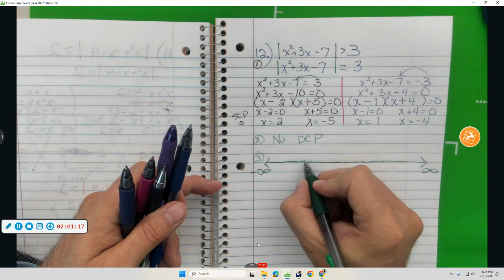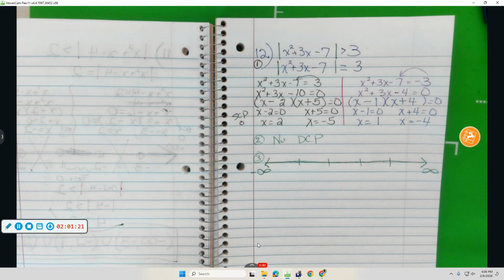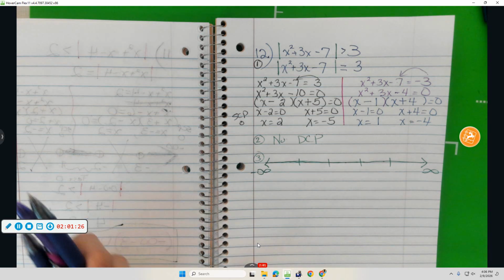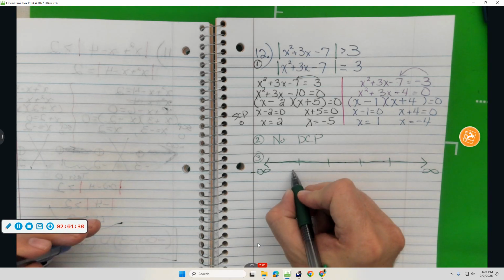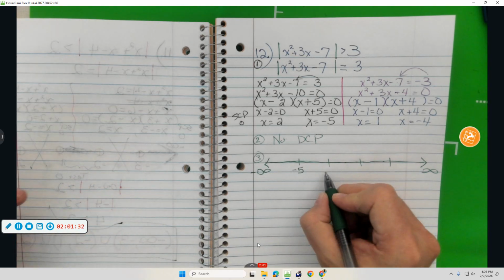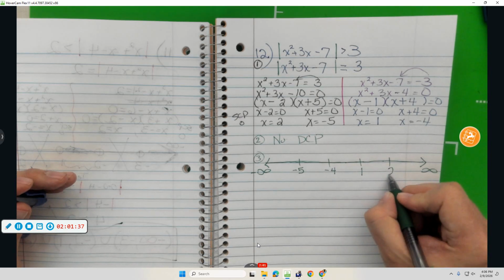So we have 4 cut points. I'll put 4 marks. Label them in numerical order. Which one's closest to negative infinity? Negative 5, then negative 4, 1, 2.